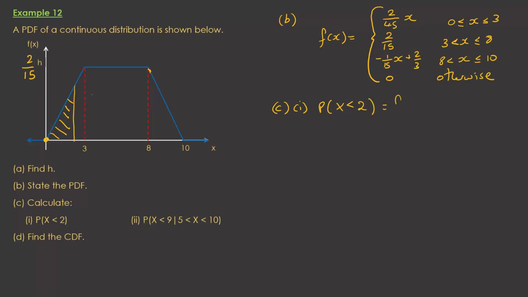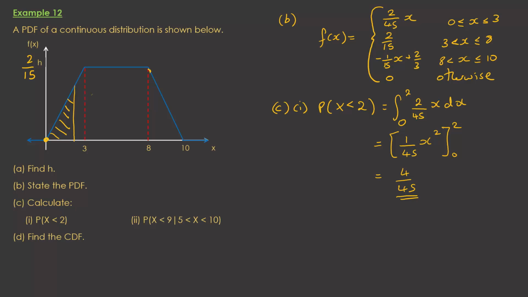So we can just say that's the integral from 0 to 2 of 2 over 45 x dx. I'll just do this without the calculator. So that is going to be 1 over 45 x squared from 0 to 2, which is going to end up being 4 out of 45.